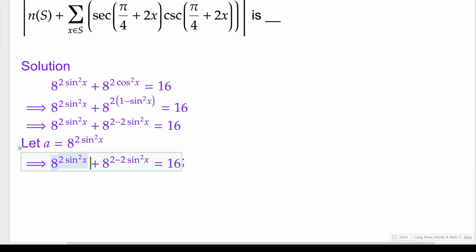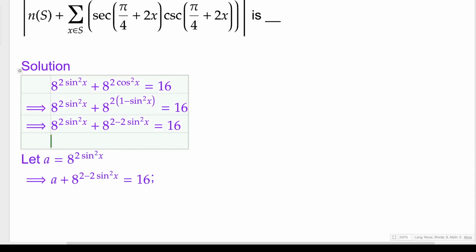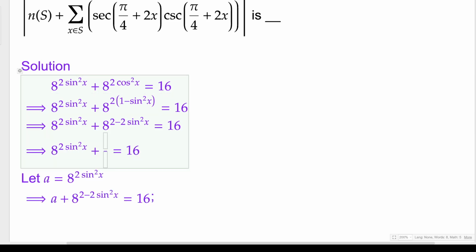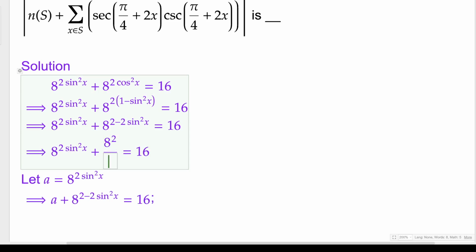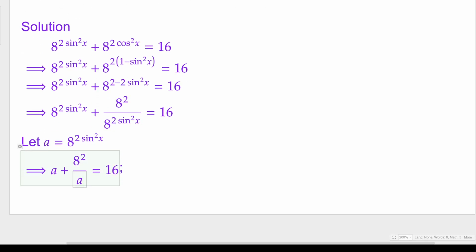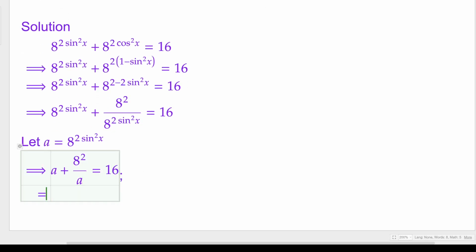So this can be written as a plus, and this is nothing but 8 squared divided by 8 to the power of 2 times sin x squared. So this becomes a plus 8 squared, that is 64, over a, and this is equal to 16. Definitely this is a quadratic equation.